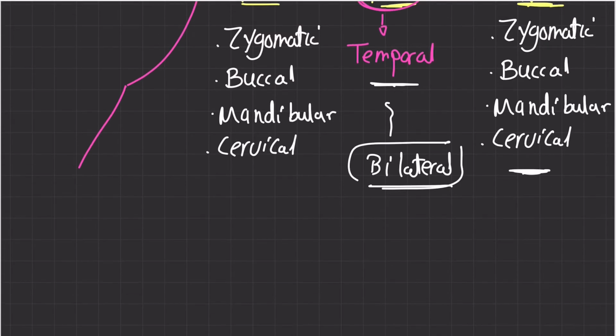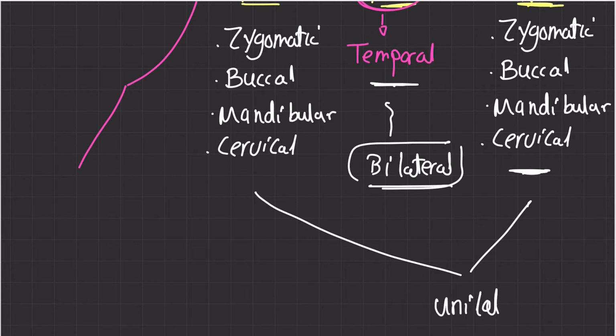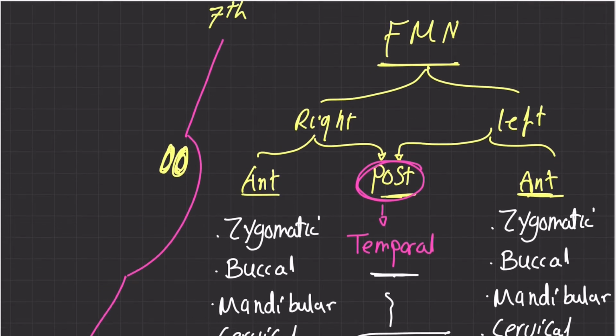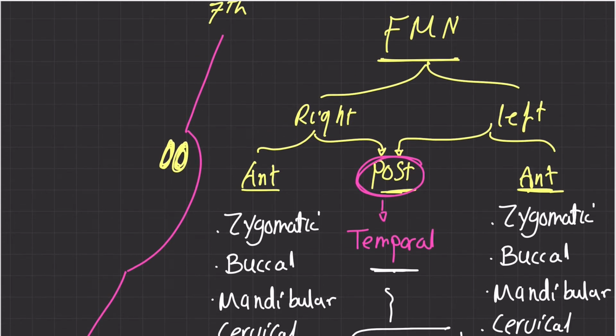But as you see, I just wrote bilateral. The temporal nerve takes impulses from both facial nuclei. On the other side, these four branches take only unilateral input, meaning the temporal nerve will be spared most of the time because if one side is not working, the other side is working.